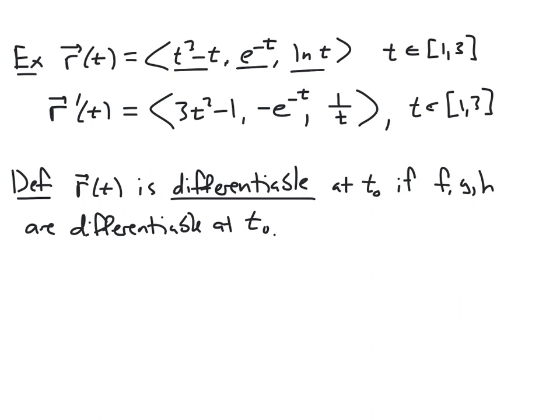Okay? Now the one thing that we're going to need going forward is we're going to need to talk about a space curve being smooth, and that is related to this.